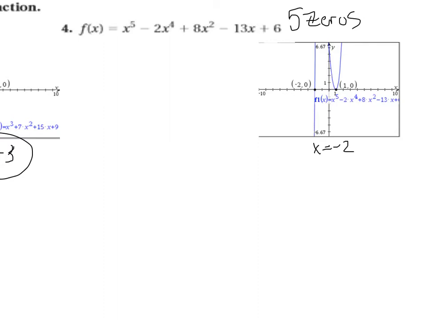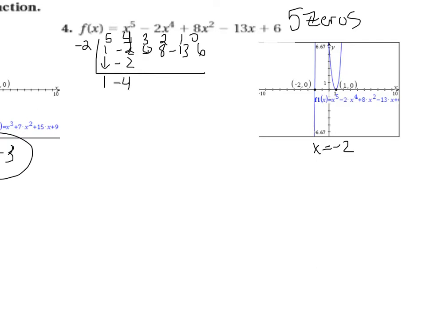So again, set up the synthetic division. So you have -2, 5, 4, 3, 2, 1, 0. 1, -2, 0, 8, -13, 6. Bring down the 1. You get -2. Add them together. You get -4.